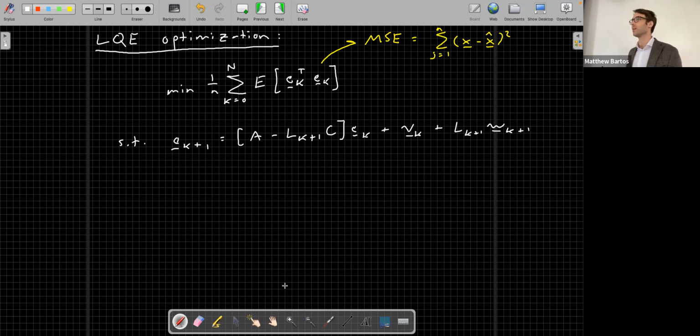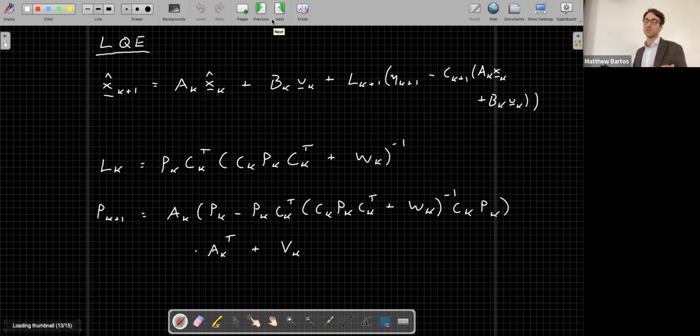And just like with LQR, there is a closed form solution for this problem, and it takes the form of a recurrence relation just like before. So the optimal observer is given by the following expression at each time step. You don't have to write this down. It's coded up for you in the notebook, so you can take a look if you're interested.